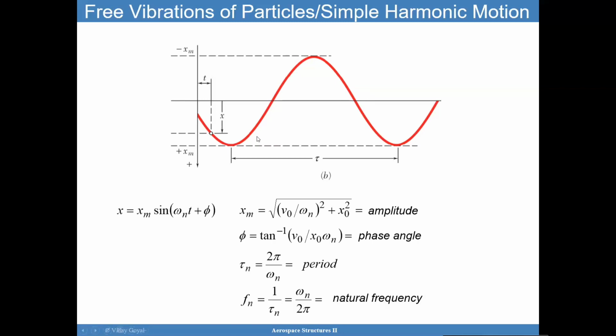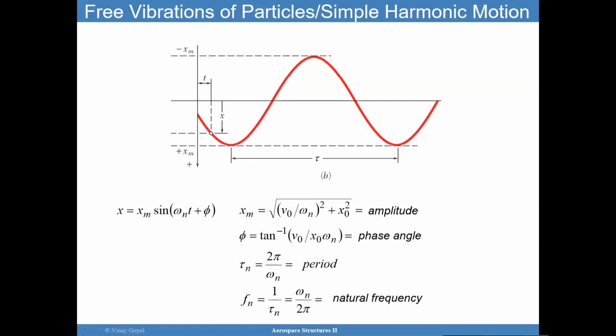What I want to point out here is that this distance between the maximum stretch and the next maximum stretch is called the period of this oscillation. And this period can help you calculate the natural frequency. If I know that period, then I know how many cycles per second this box is vibrating.